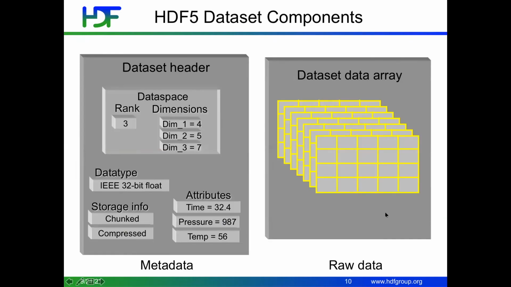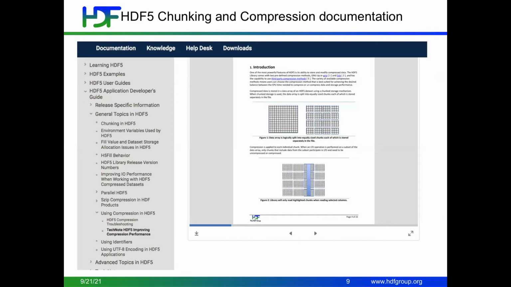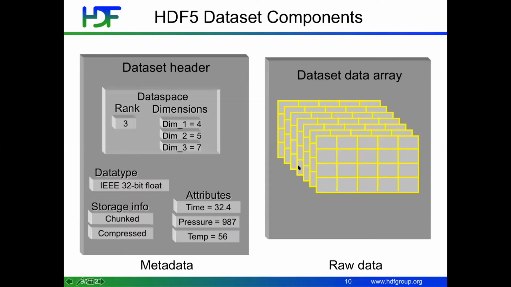Before we jump into what it's all about, I would like to remind you what an HDF5 dataset is. You know that a dataset is a data array of elements of a particular data type, and to make this data array self-descriptive, some HDF5 metadata is stored about this data array.